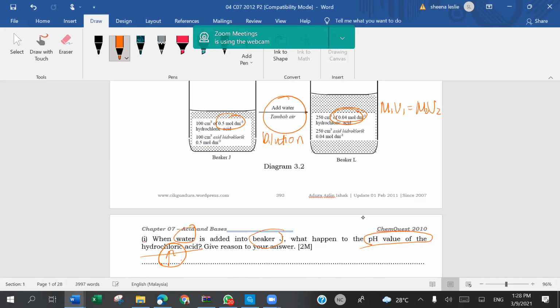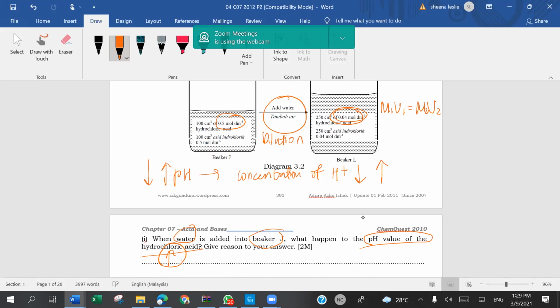Whenever teacher talk about pH, I must talk about concentration of hydrogen ions. And it's always terbalik. When my pH is high, that means my concentration is low. When my concentration of hydrogen ions is high, my pH is low.